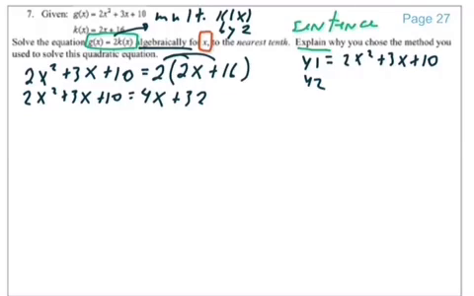And in y2, I would probably type in 4x plus 32. But if you decided instead that you wanted to type in 2 parentheses 2x plus 16, you will get the same answer for it. Then you're going to do second trace intersect twice.